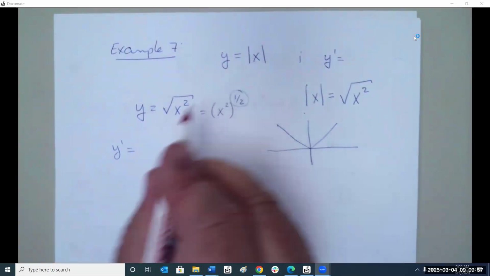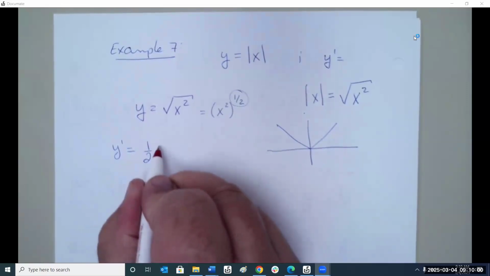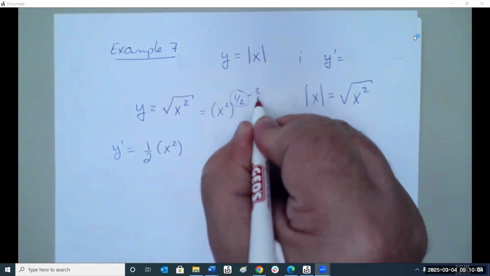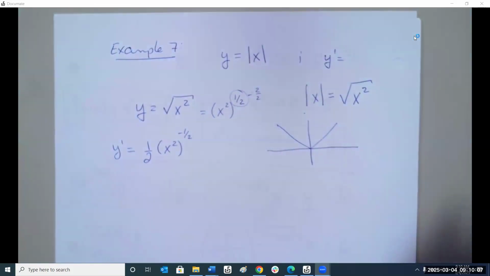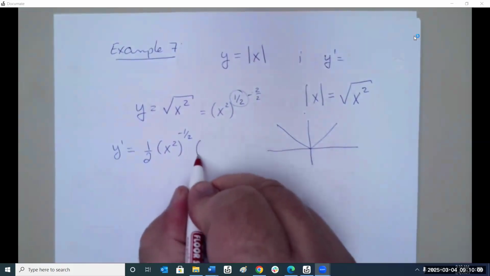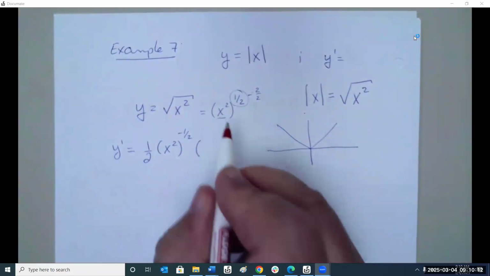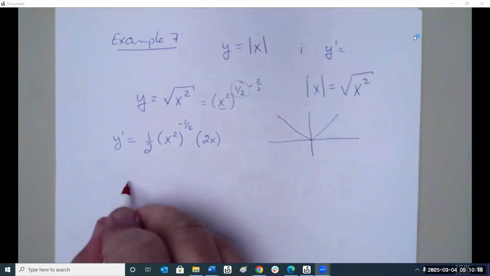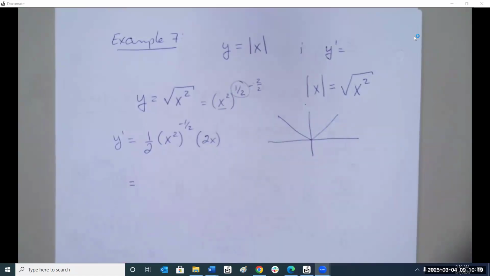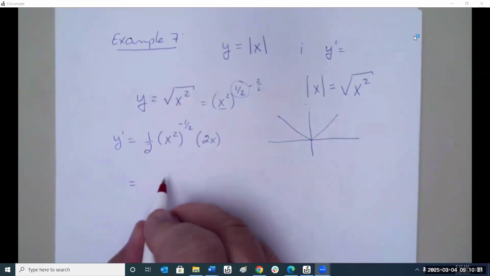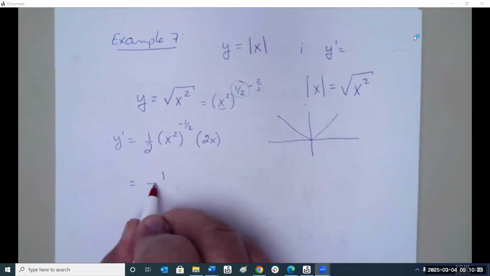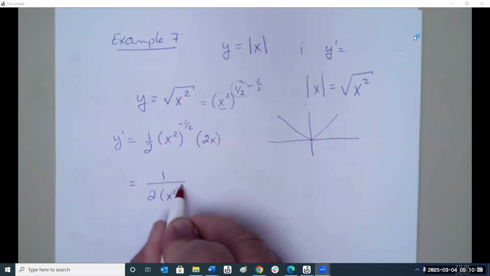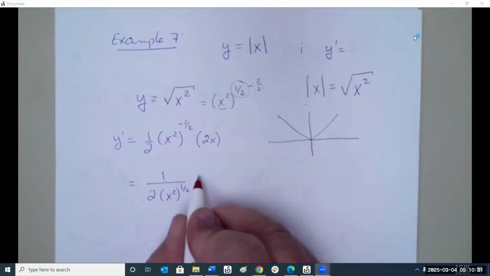So using the chain rule, we have 1/2 x squared, subtract 1, which is 2 over 2, makes it negative 1/2, times the derivative of the inside, which is 2x. The negative exponent simply means it goes on the bottom.